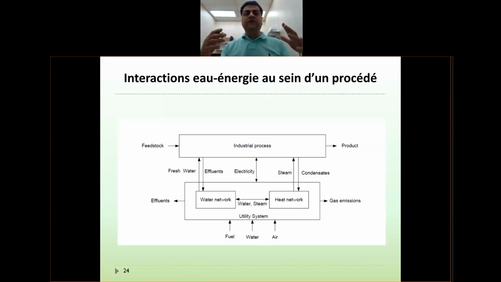And if you want to have an overall optimized process in terms of energy efficiency, you need to consider that you have to optimize energy efficiency not only in the process itself, but also inside the utility system. Because in the utility system, for example, you have a network of water back and forth between the main process.